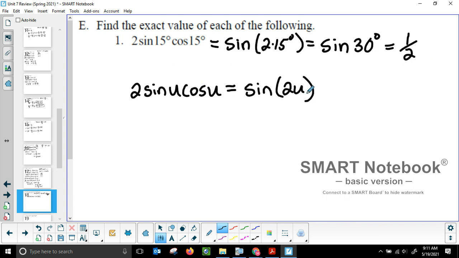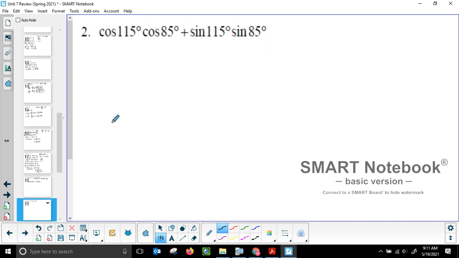So we're just really going backwards from our double angle formulas here. Here, this is very similar. This looks a lot like cosine u cosine v plus sine u sine v. Well, that's from our sum and difference formulas.